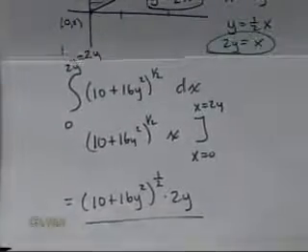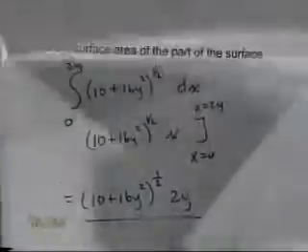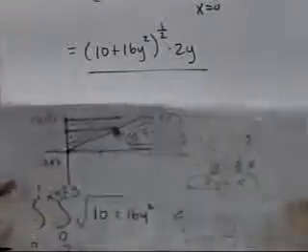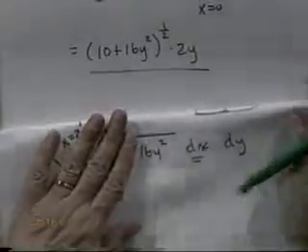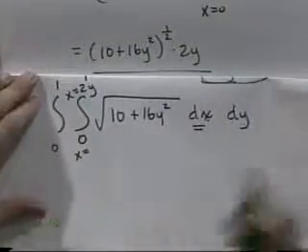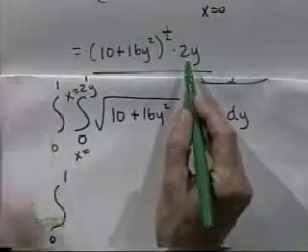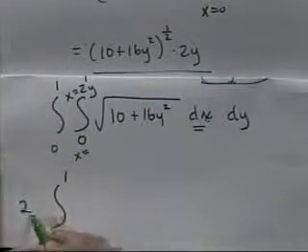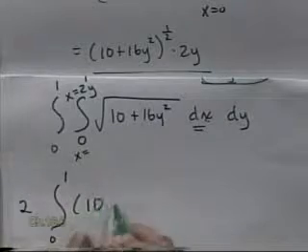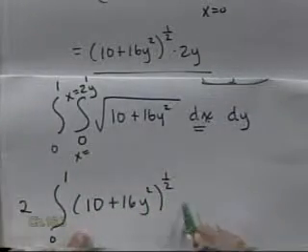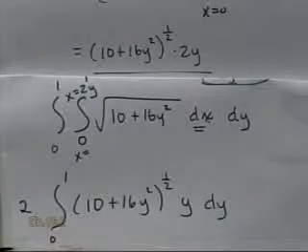Now I have to take that and plug that into my outer integral. Plugging it into my outer integral, I now have the integral from 0 to 1. Is it okay if I pop that 2 out front? 2 times (10 plus 16y squared) to the 1/2 times y dy.